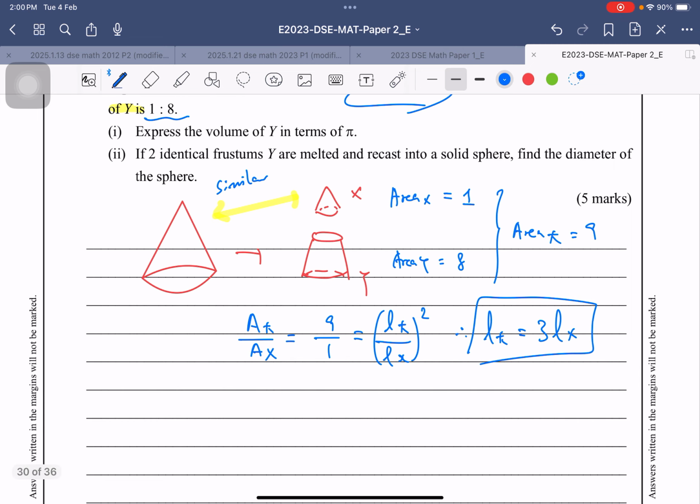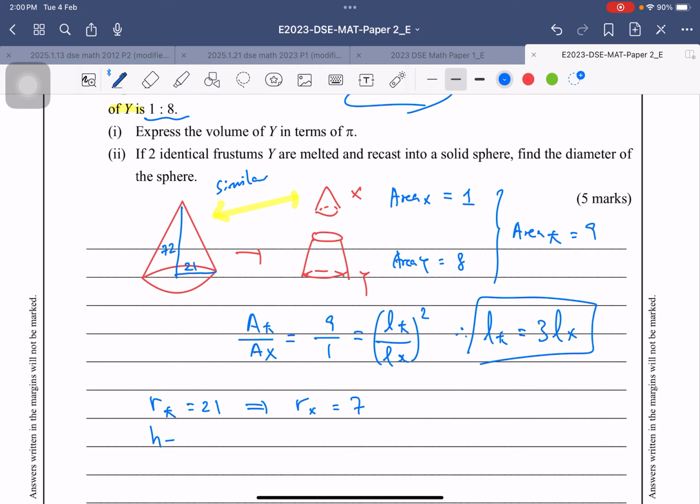So originally the big cone's radius is equal to what? 21. This is 21, and then the height is equal to 72. So we have R of the big one equal to 21, which means the R of X is equal to 7, because 21 divided by 3 gives you 7.